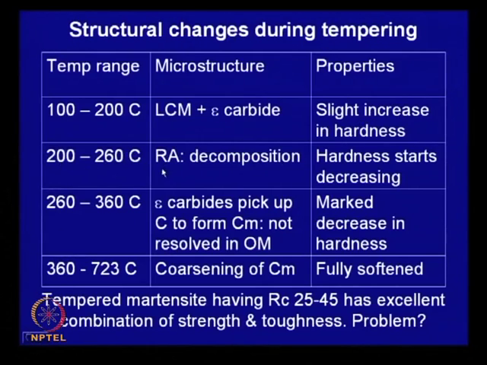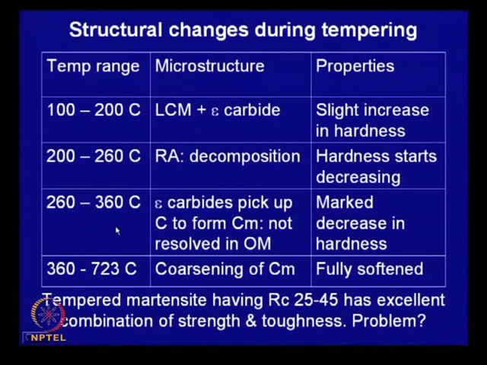Next is this temperature range, which also coincides with the bainite transformation range, and here the retained austenite decomposes, and the hardness keeps changing. Parallelly, the martensite also keeps changing, and there will be a significant drop in hardness.